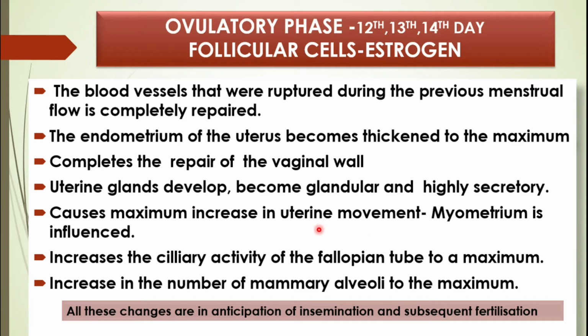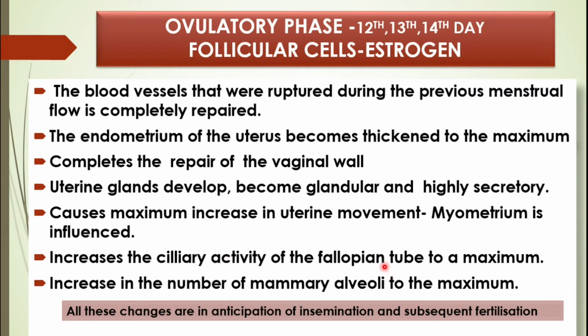Similarly, since ovulation has already happened, the ova or the secondary oocyte, which is released from the Graafian follicle, would also start moving through the fallopian tube, because there is quick ciliary activity of the fallopian tube.